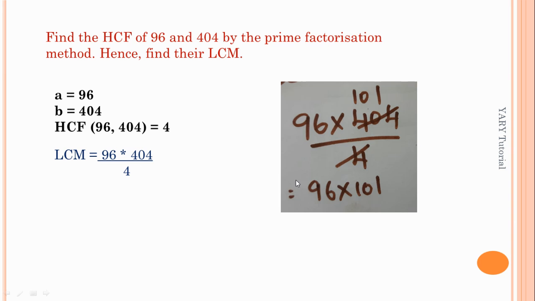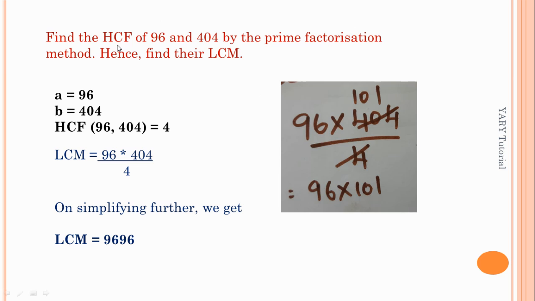When we simplify this, we will be getting 96 into 101. And when we multiply this further, we get LCM as 9696. So LCM is 9696 for the numbers 96 and 404.